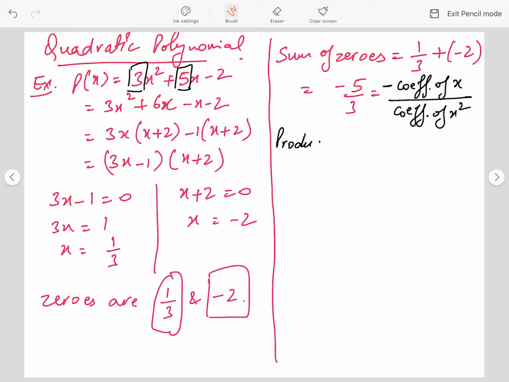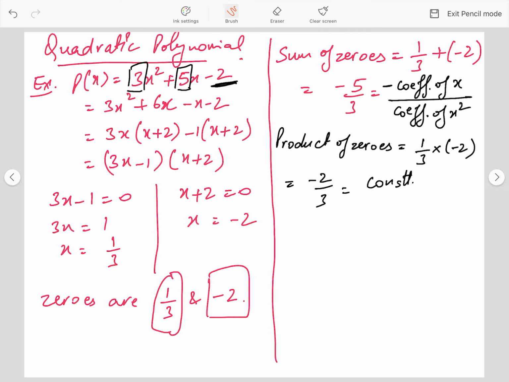Then the product of zeros we can find. We multiply 1 by 3 into minus 2 and we get minus 2 by 3. In the polynomial we have taken, minus 2 is the constant term, and 3 is again the coefficient of x square.